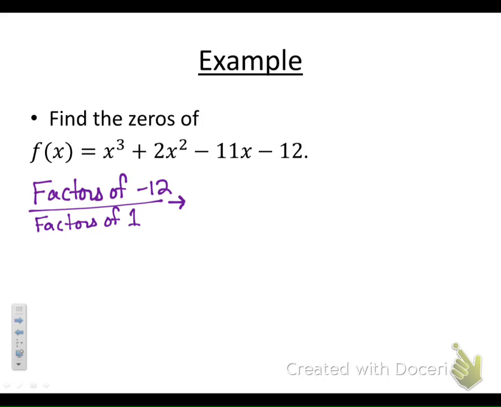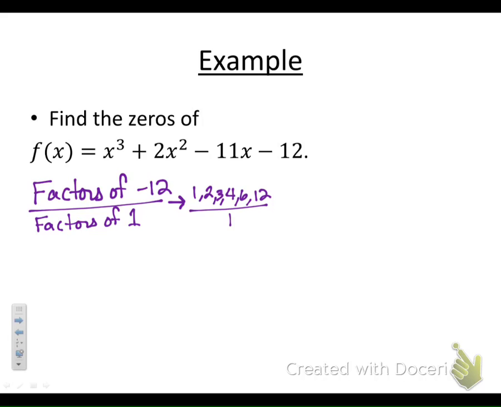So my numbers that I'm going to try in synthetic division, let's see, factors of negative 12. We've got 1 and 12, 6 and 2. Maybe I should put these in order. 1 and 12, 2 and 6, and then we've got 3 and 4. And then the only factor I'm going to be dividing by is 1.